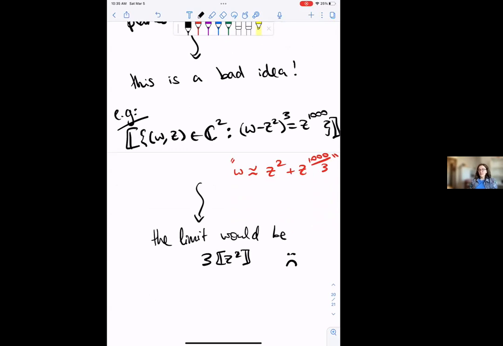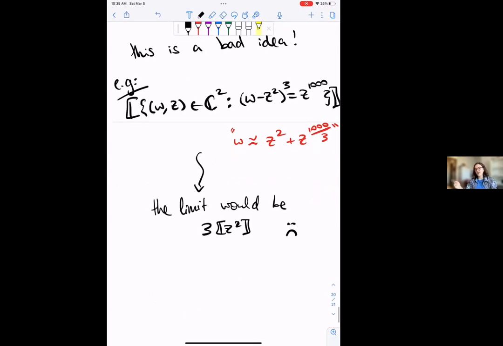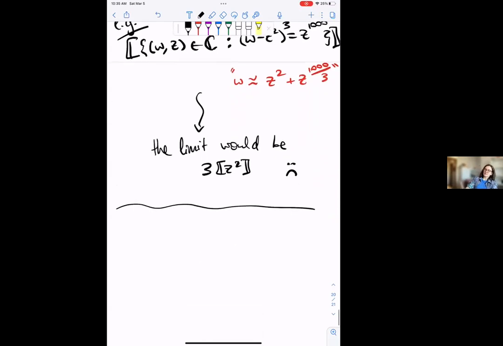What we've got is actually this average of the sheets. If you think about it, this is like a three-sheeted graph built over the graph of z squared, so z squared is exactly the average of the sheets. To fix this, we have to subtract this average of the sheets, so we subtract this contribution coming from z squared in this case. So how to fix this?